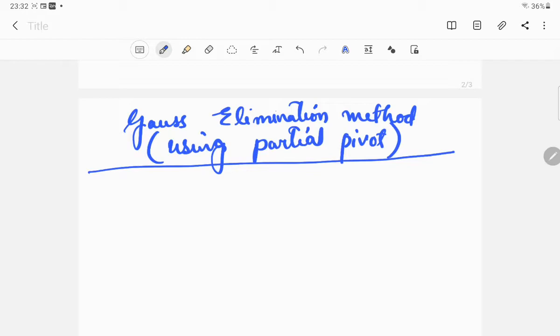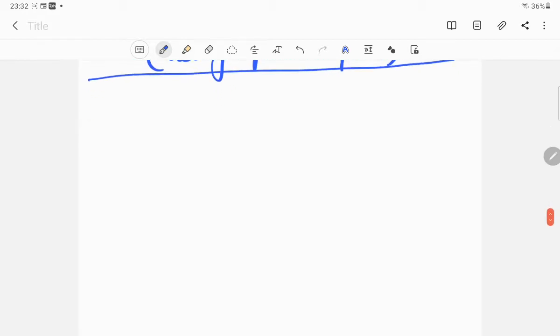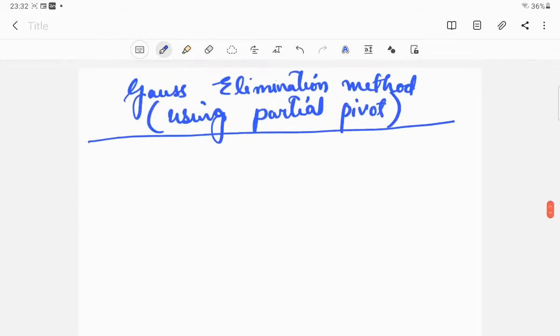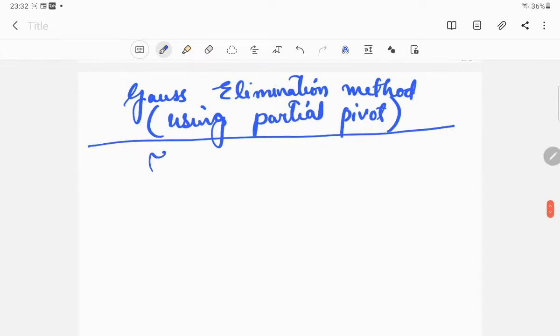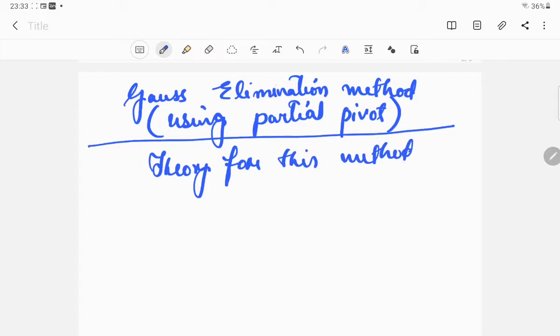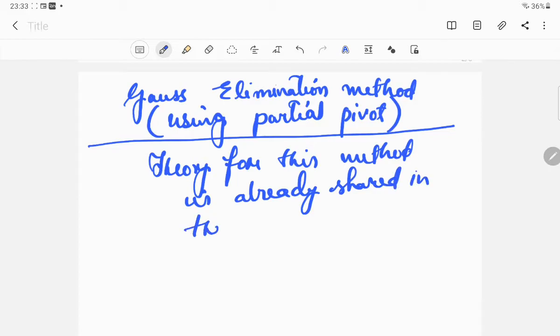Okay, so for that let us take one numerical problem. The whole theory for this method is already shared in the Google Classroom.